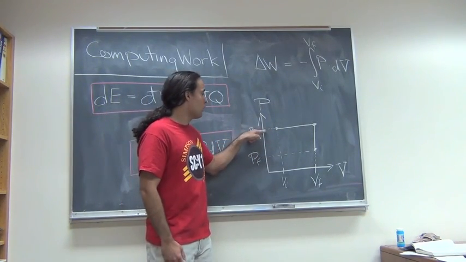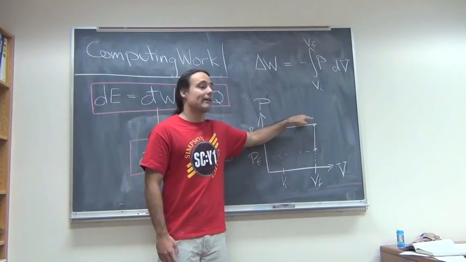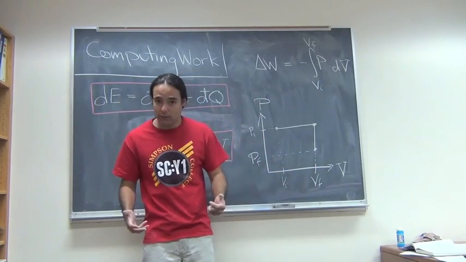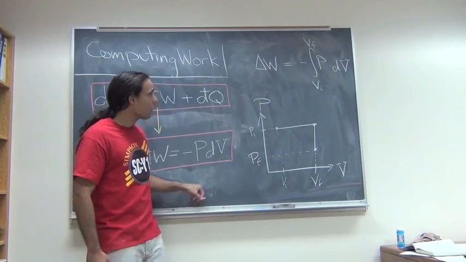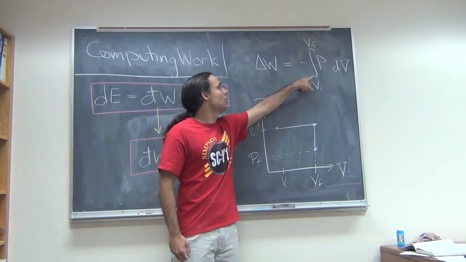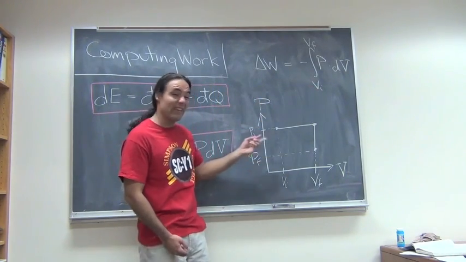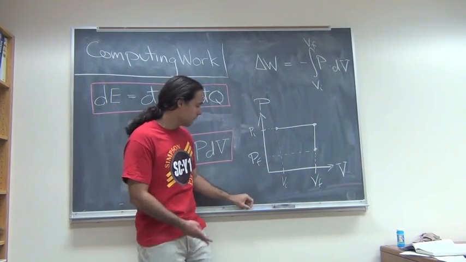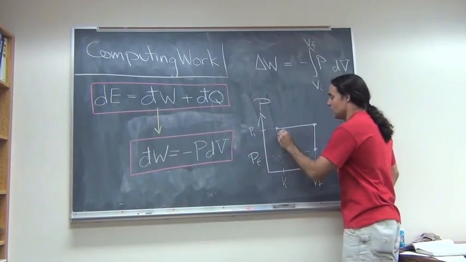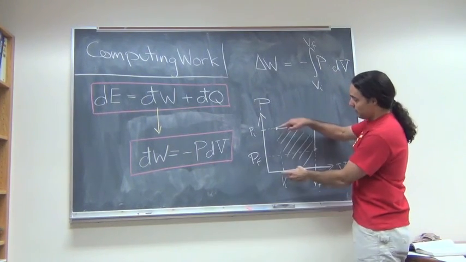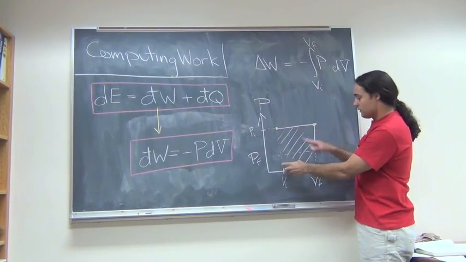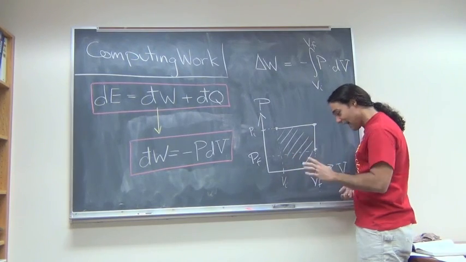So I keep constant pressure, then I go down at constant volume. I could compute the work done for that. The work done is just the integral of P dV, so the work done would just be the area under the curve. It would be just that area. So it would be this pressure times this volume. That's easy to do.